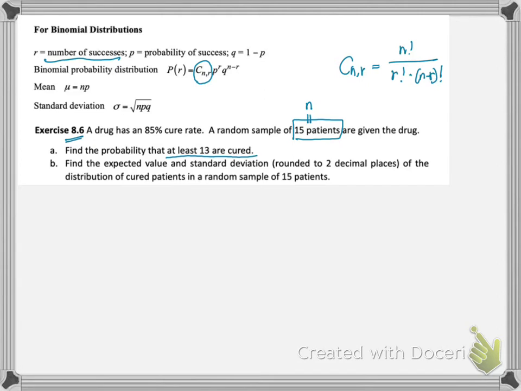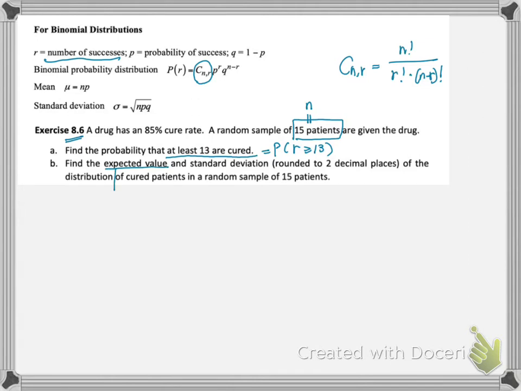So for question A, they want to find the probability that r is greater than or equal to 13. Then you know it's a binomial question: 15 people tried, 13 cured. Another hint is they want you to find the expected value.